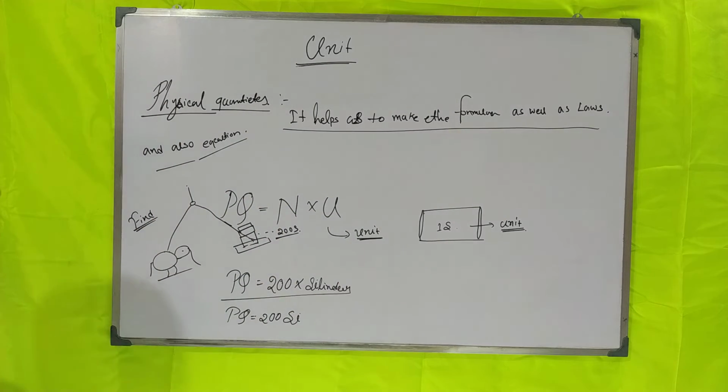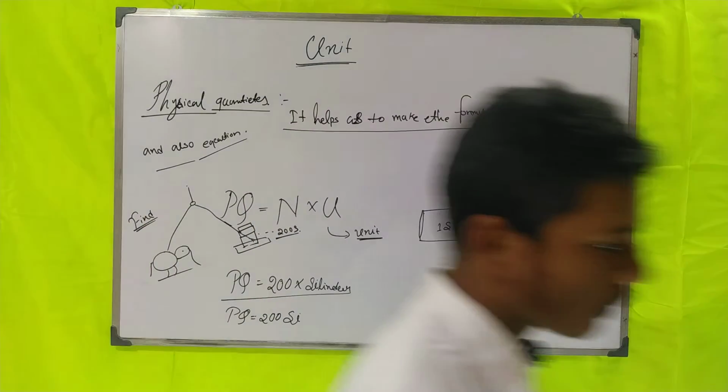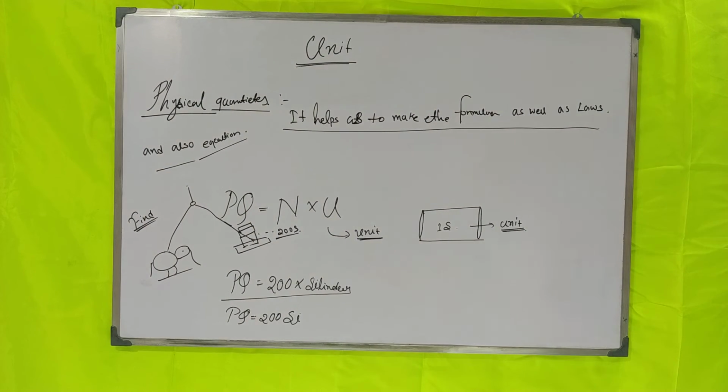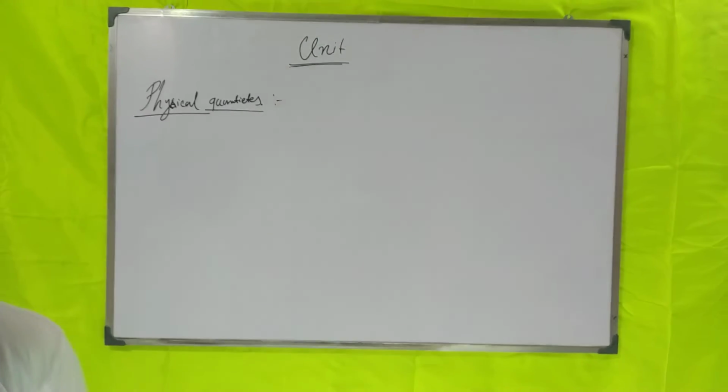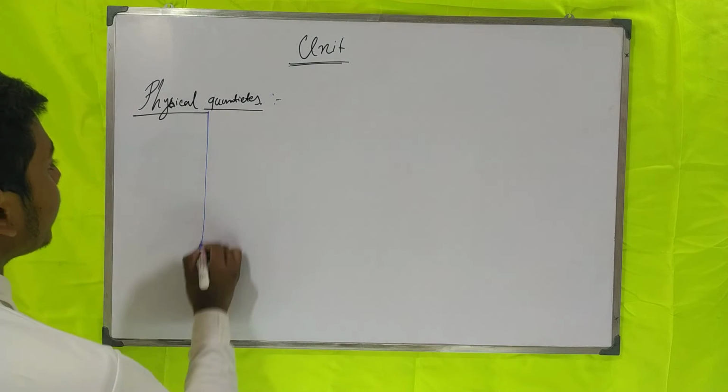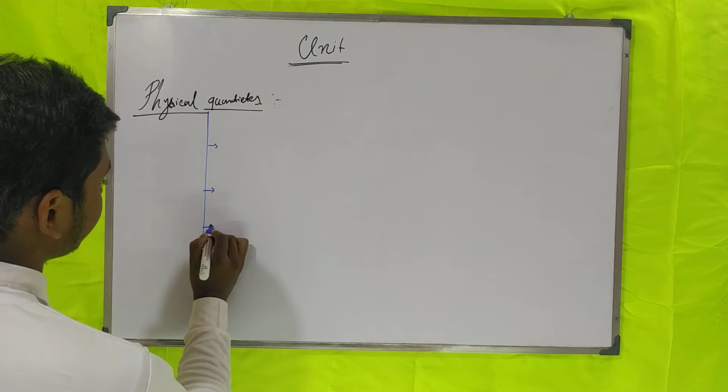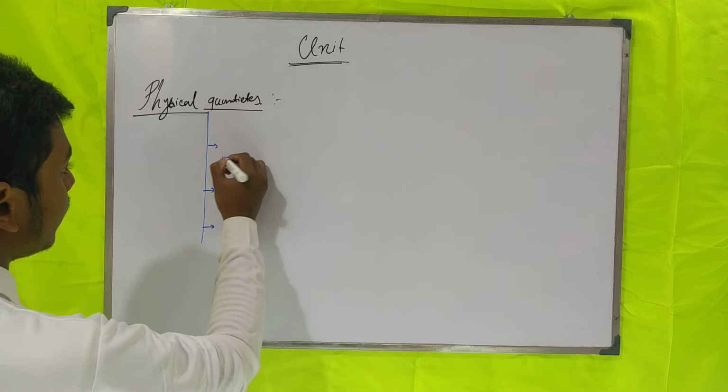Now let's move on to the units and the physical quantities. There are 3 types of units.